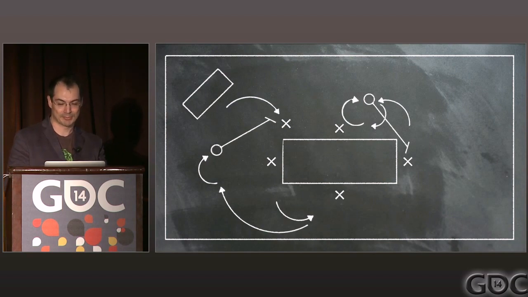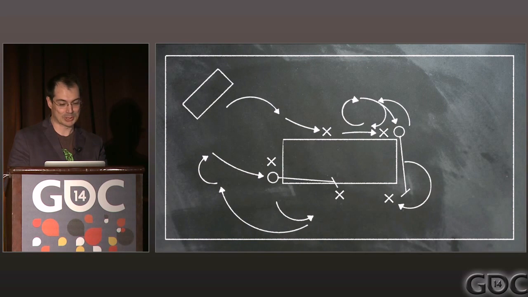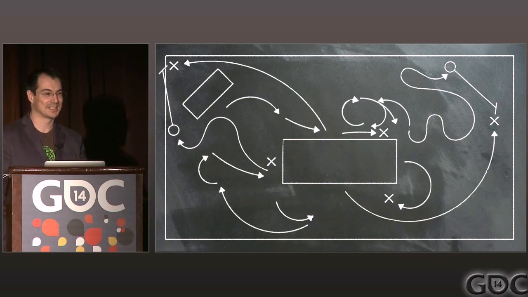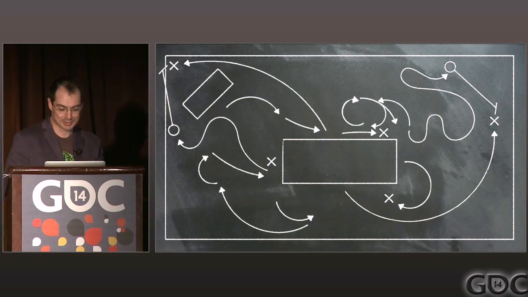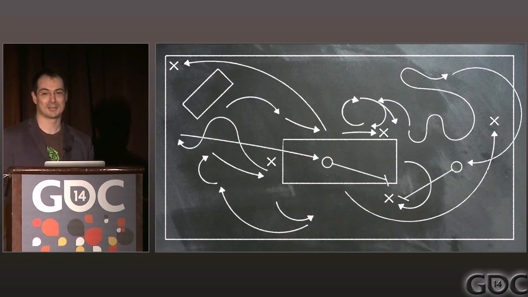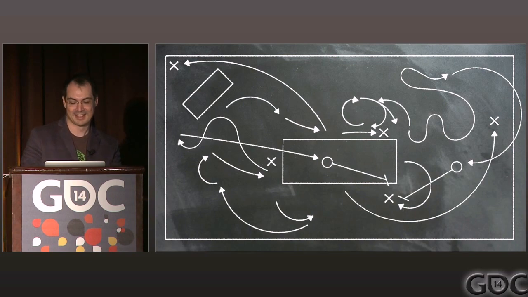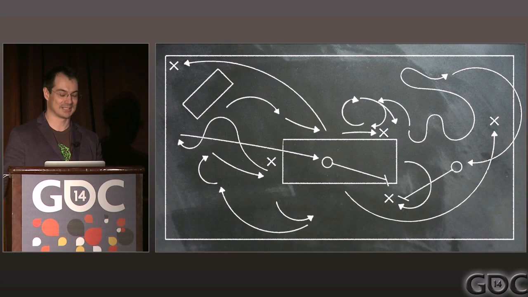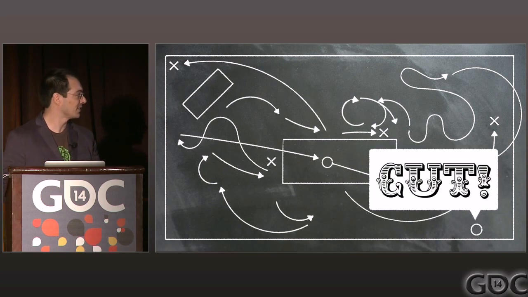We need to cover them. And they keep walking, and we need to cover them. And then things are really starting to get crazy right now. People are moving all over the place. And then let's say that actor back down there has a line, so we have to cover him as well. But thankfully, all this madness ends pretty soon because the director comes in and he yells cut.